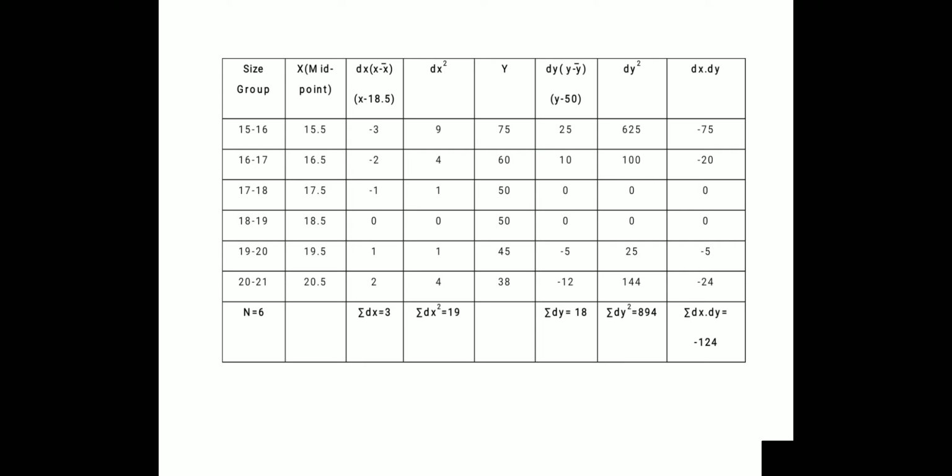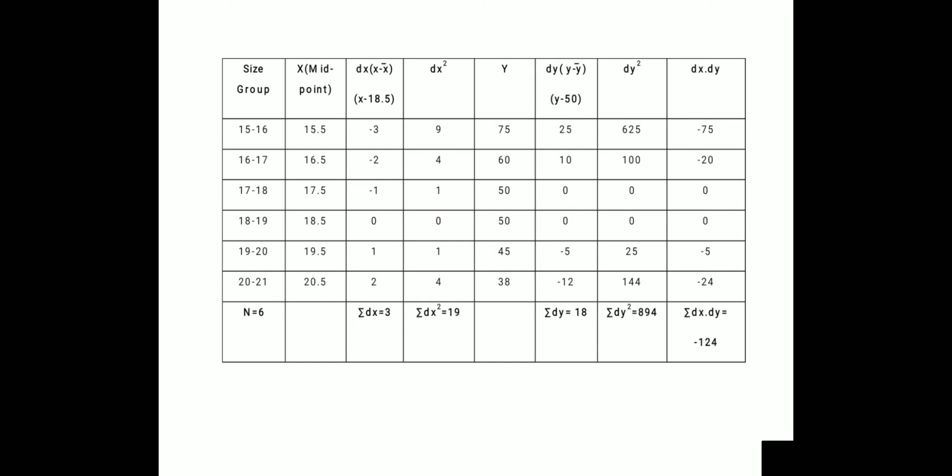In the same way we have to calculate all those dx values and obtain sigma dx. Then for the next column we square the dx values and obtain sigma dx square. The same step has to be applied for y values, that is y minus y bar, where y bar here refers to 50, and in the next column squaring the dy values, and the last column multiplying the dx values with the corresponding dy values, and we will obtain sigma dx into dy.